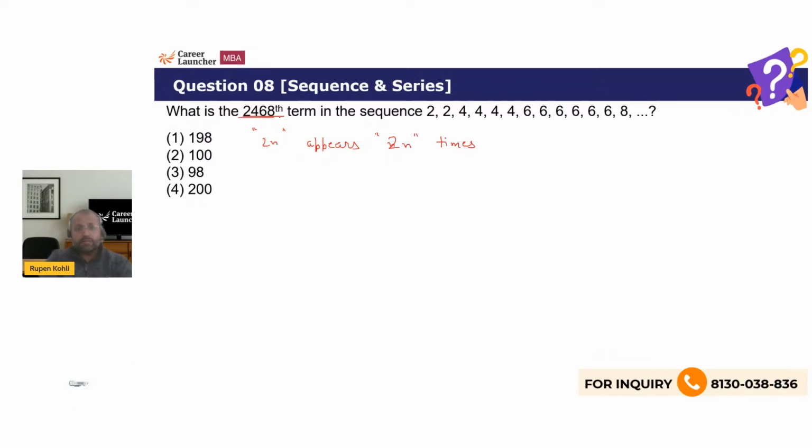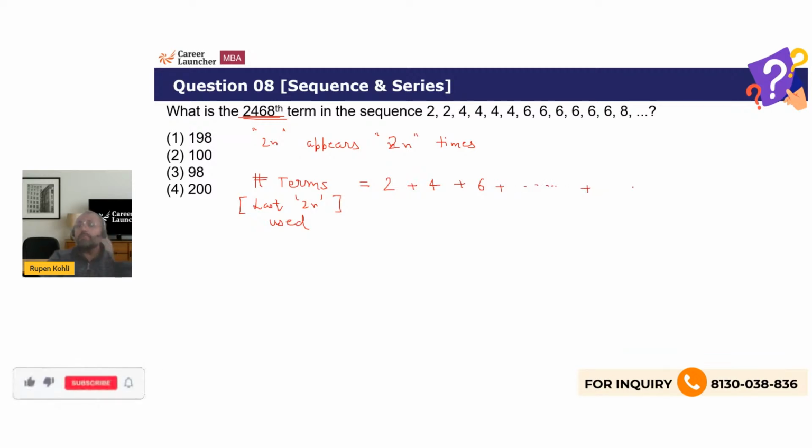We are supposed to find the 2468th term in the sequence. So think about this. What is the last time that the number 2n was written? How many terms are used such that the last time the number 2n was used? 2 terms went in writing 2, 4 terms went in writing 4, 6 terms went in writing 6, 8 terms will go in writing 8, dot dot dot.